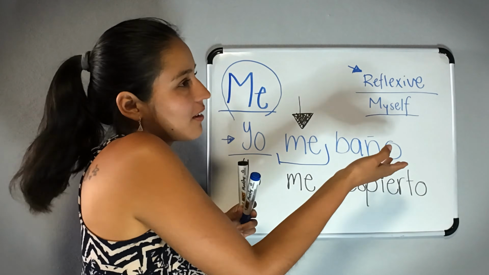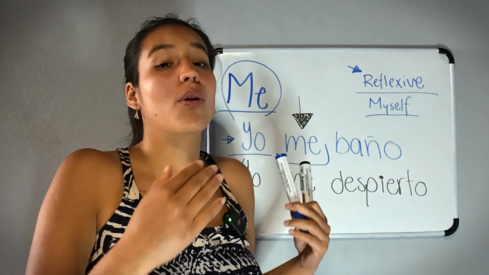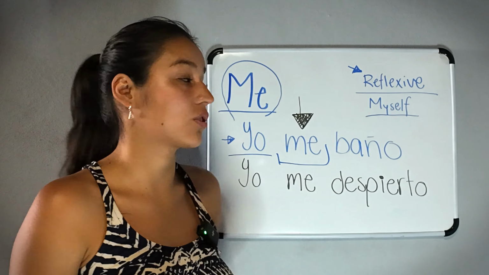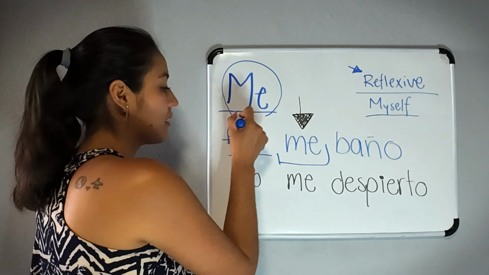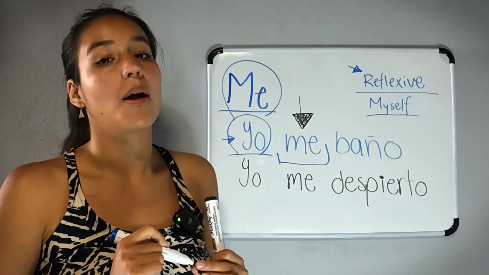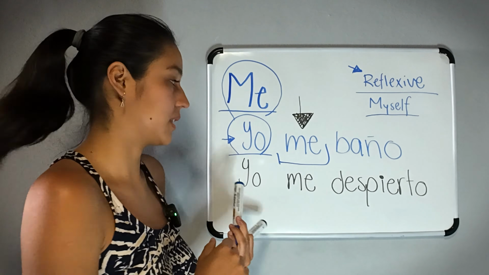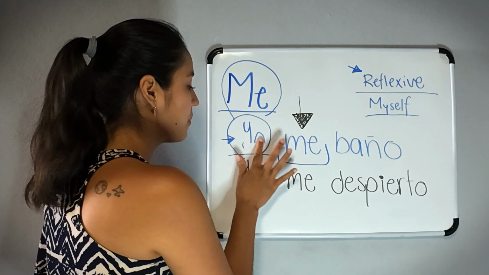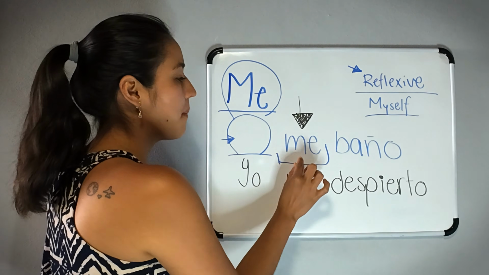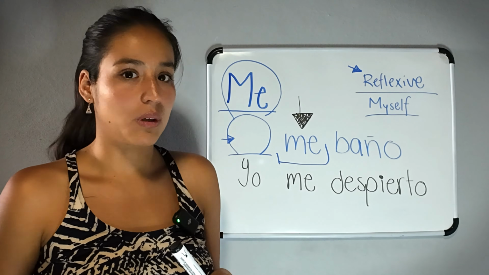That's why it's reflexive, because I am doing it, but also I am receiving this action. Yo me baño, okay? Remember that this is the pronoun that we actually checked before, okay? The subject. And in Spanish, remember that you can skip this one and just say me baño, okay?